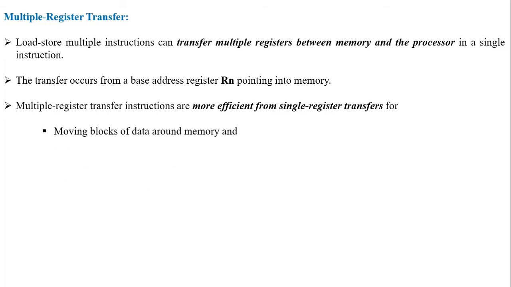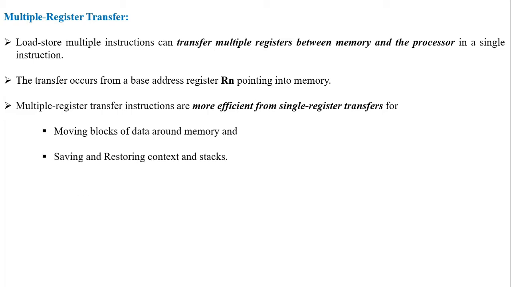We can use these instructions for moving blocks of data around the memory. A block of data is nothing but a number of data items available in a single block. That block we can transfer to the memory, or from the register to the memory, or between memory locations, by using these multiple register transfer instructions.